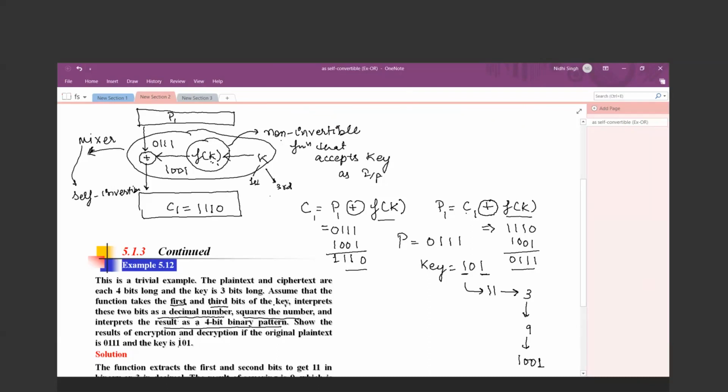If I combine this, if I put the value of C1 here, P1 will be P1 XOR Fk and XOR Fk, and due to the XOR operation it will cancel the effect of each other. Now my plain text will be equivalent to the previous plain text, so it will successfully decrypt the ciphertext. So that is the reason, because my mixture is self-invertible.